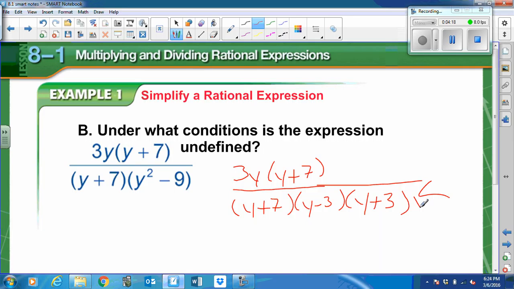And if you happen to have a radicand, then that needs to be a real number. Now, we're dealing with polynomials, so we aren't going to have any radicands to work with. But in this case, if y equals -7 or 3 or -3, then this expression is undefined. So please always include the numbers that'll make it 0 even before you cancel.